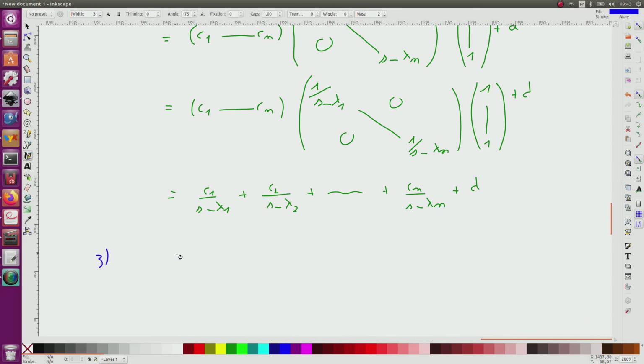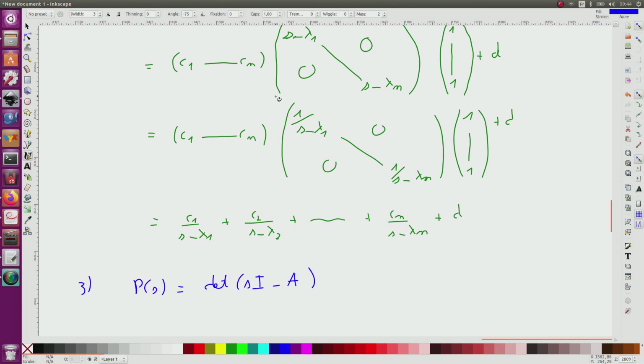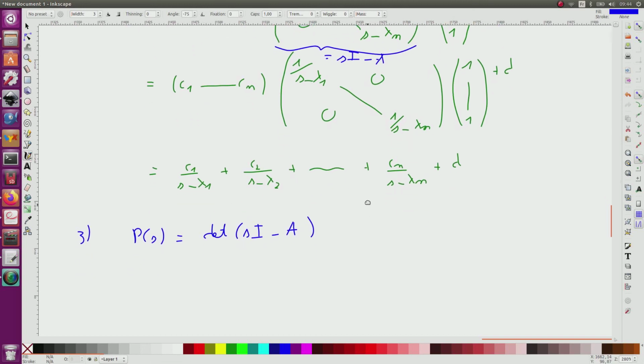I have to give the characteristic polynomial of this system. So again here, since it is diagonal, it is quite easy. The polynomial is given by the determinant of sI minus A. This is this matrix. It is diagonal.